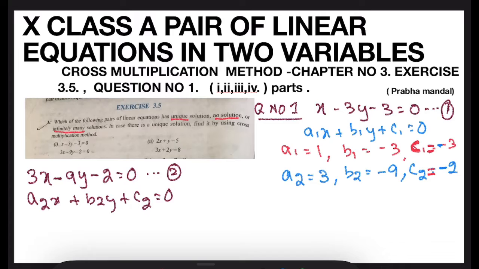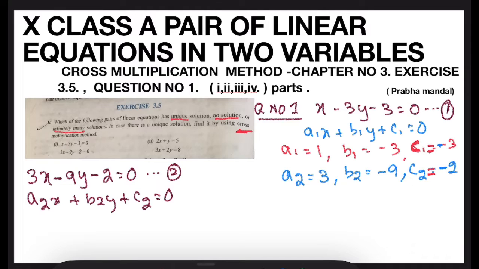After that, what is it saying? In each case, if it is a unique solution, then we have to find the solution of the equation by the cross multiplication method. He is saying by cross multiplication method, which means we have to do it by cross multiplication only.